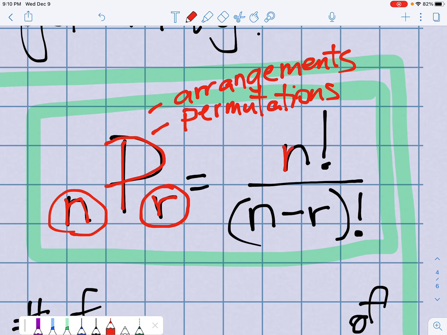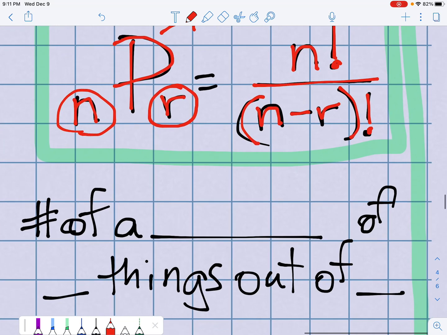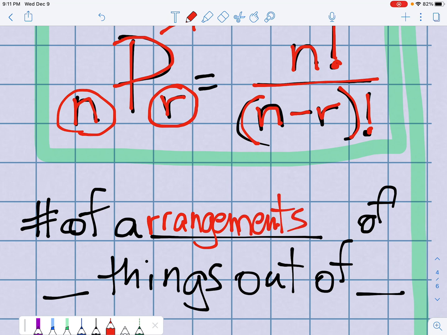Your calculator, and I'll show you how to get that in just a moment, takes n factorial divided by n minus r factorial, and computes that and gives you the result. So this is the number of arrangements. Please, again, copy this into your notes.